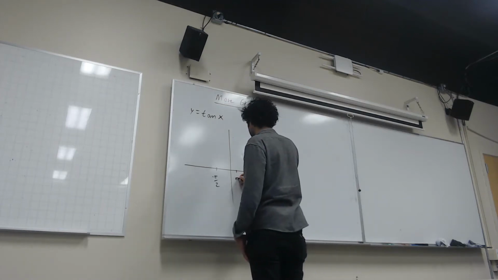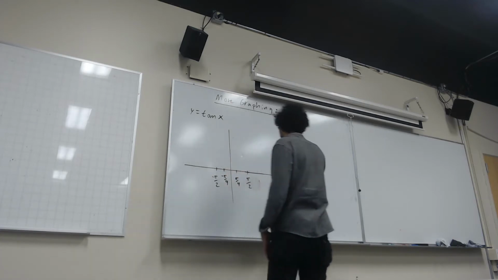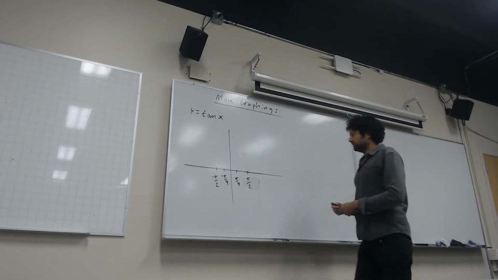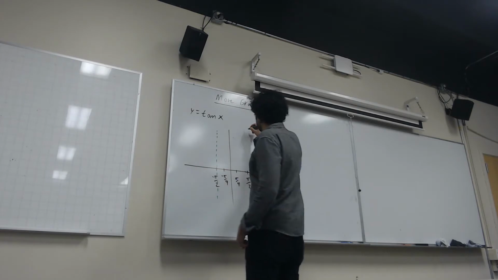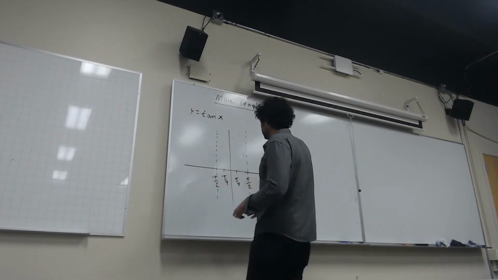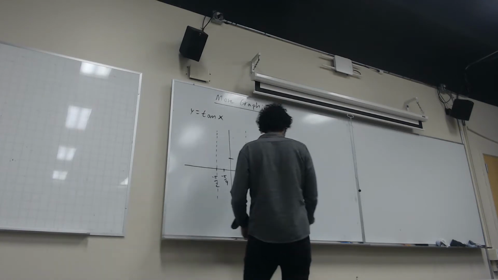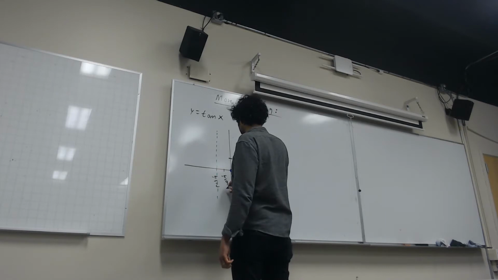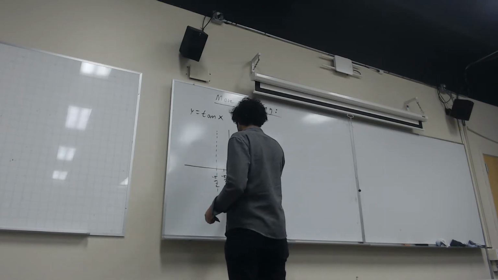x of pi over 4, negative pi over 4. Okay, so this is my sine. This is good.